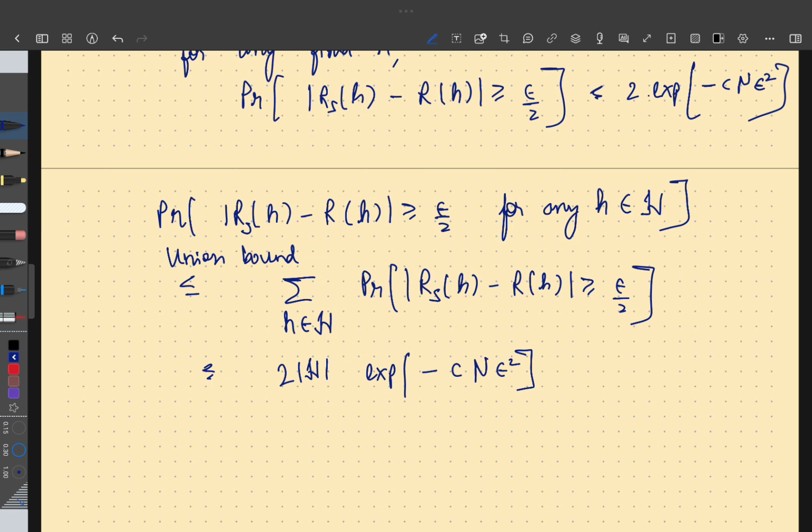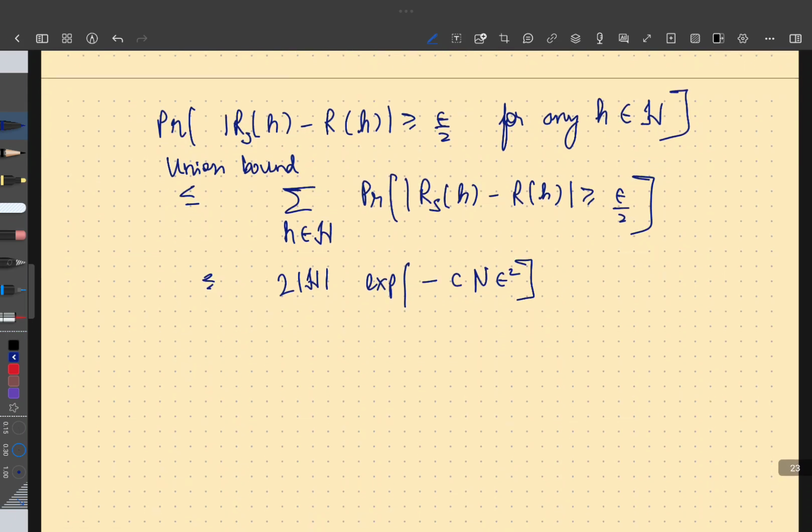We assume that the loss function is bounded, and that the bound is something small. Let's say if we take binary classification with the 0-1 loss, it's always bounded between 0 and 1, so I could just take that bound to be equal to 1.